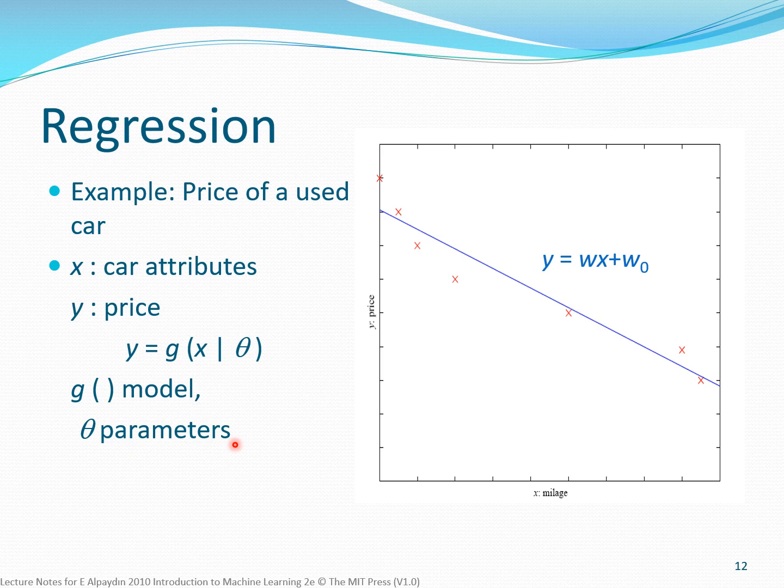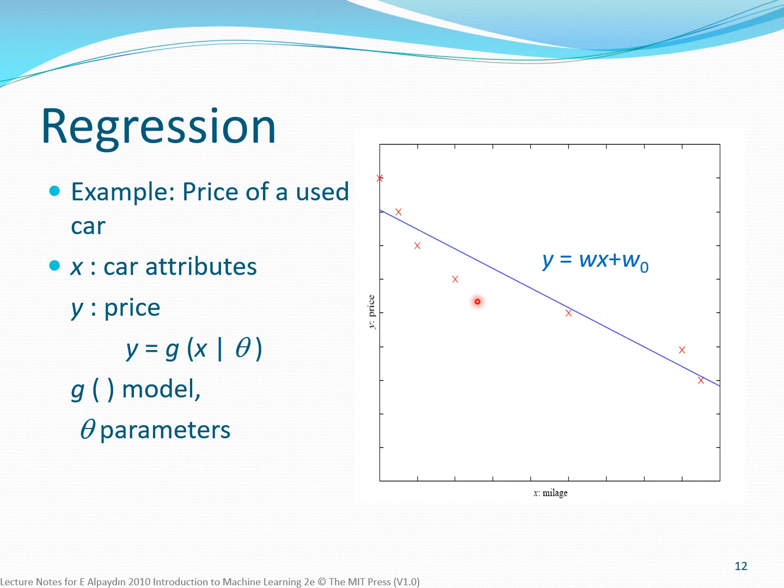Again, in surveying the past transactions, we can collect the training data and the machine learning program fits a function to this data to learn y as a function of x. An example is given in this figure where the fitted function is in the form of y equals wx plus w0 for all the suitable values of w and w0.